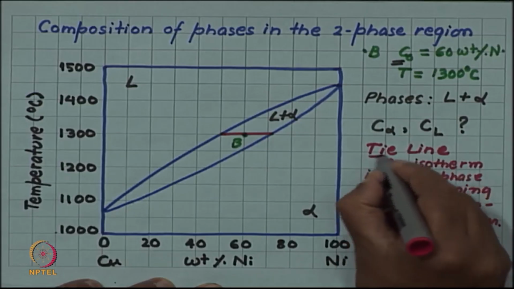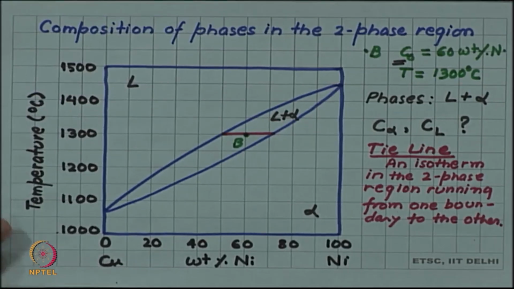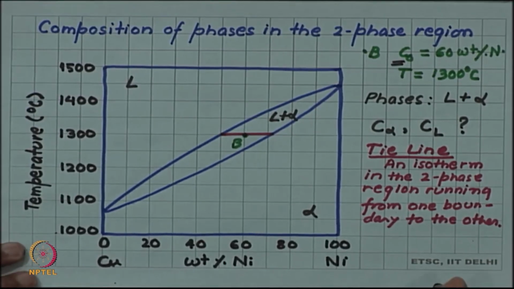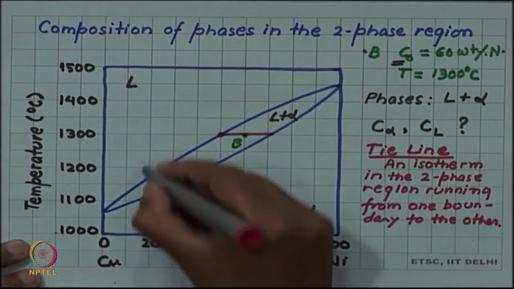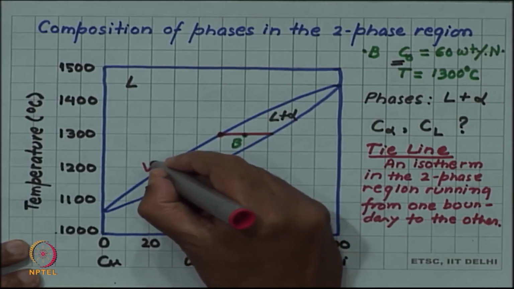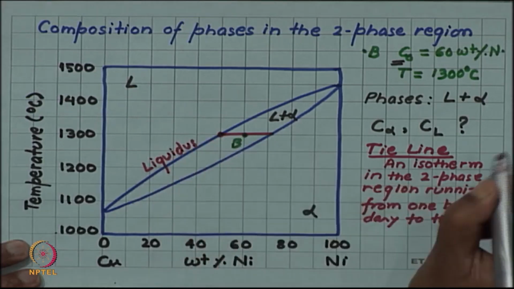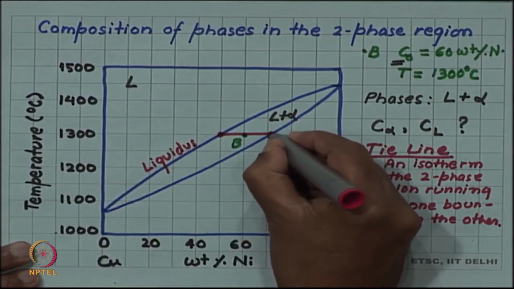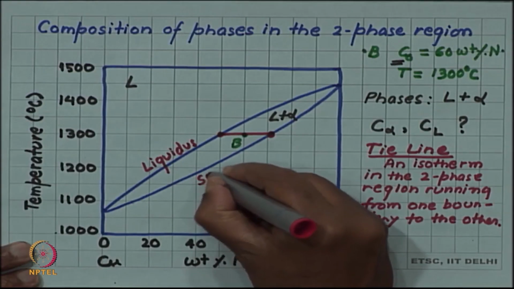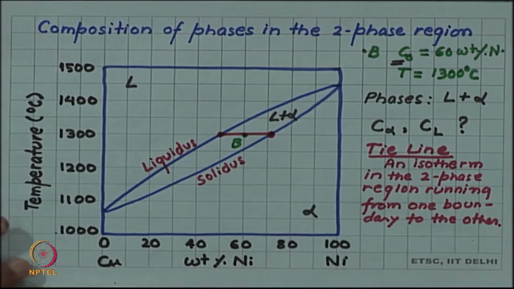So, this is the tie line, a very important line in the phase diagram for answering this kind of question. And since the tie line runs from one boundary to the other, remember at one point it is hitting the liquidus boundary, that is the boundary on the liquid side, and at another point it is hitting the solidus boundary, that is the boundary on the solid side.